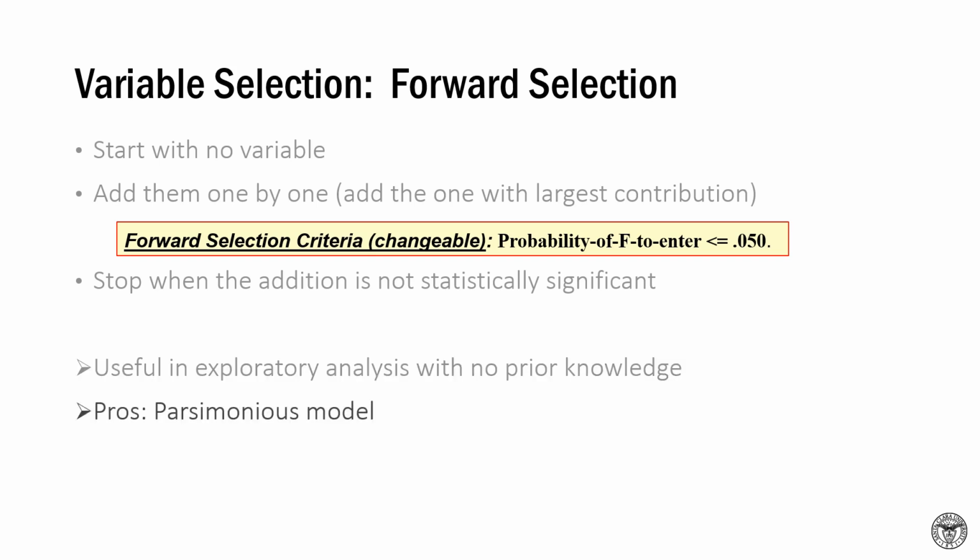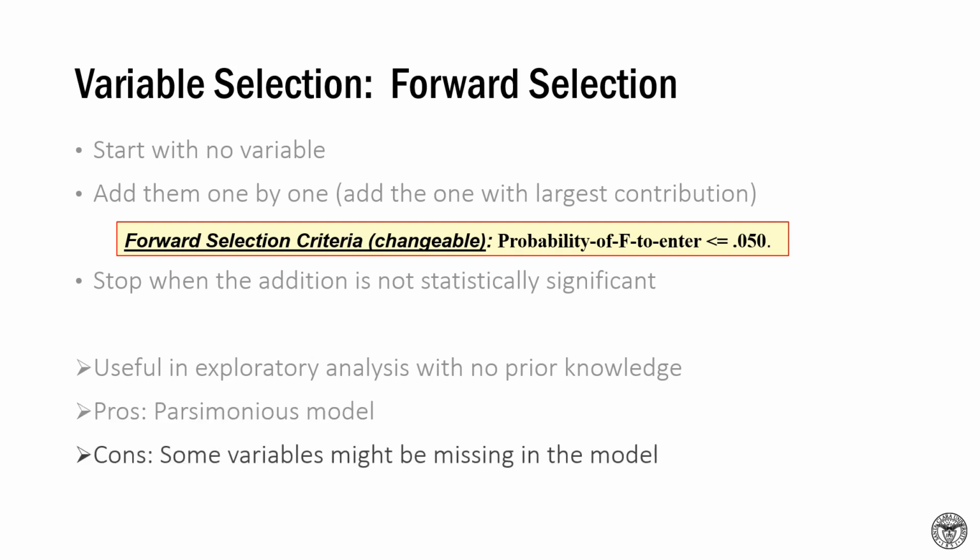One of the main advantages of forward selection is that it can yield a parsimonious model, as it only includes the most significant independent variables in the final model. However, it also has some limitations, such as the possibility of omitting important independent variables that were not included in the initial set of variables.